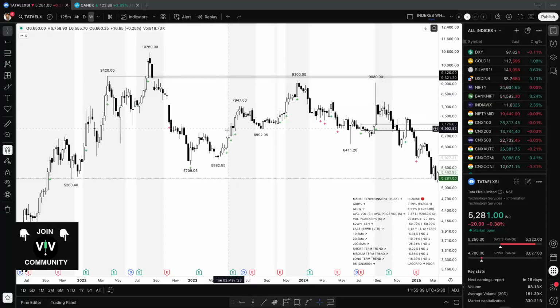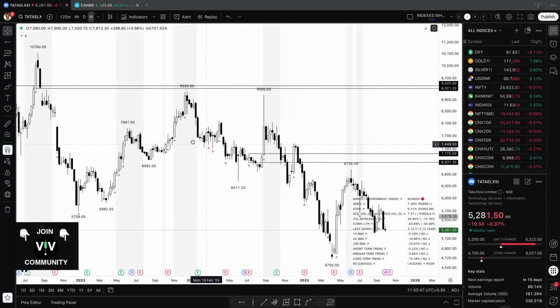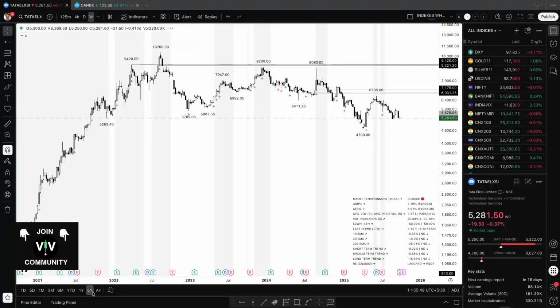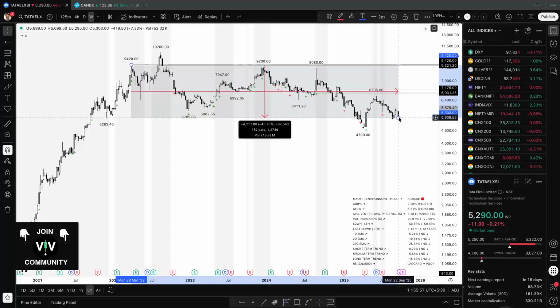No doubt in between it gave an opportunity to take a few swing trades, but the long term trend, if someone is holding this stock Tata Elxsi from the last few years, they are sitting on a 43% loss, and they have lost almost 3.5 years.